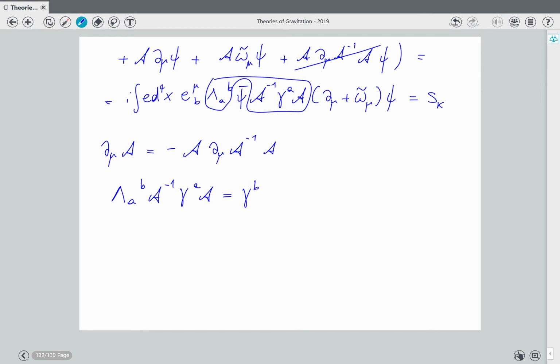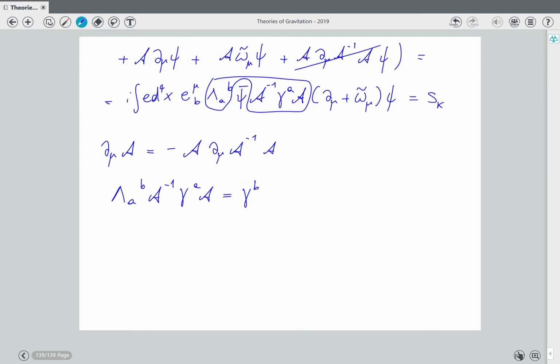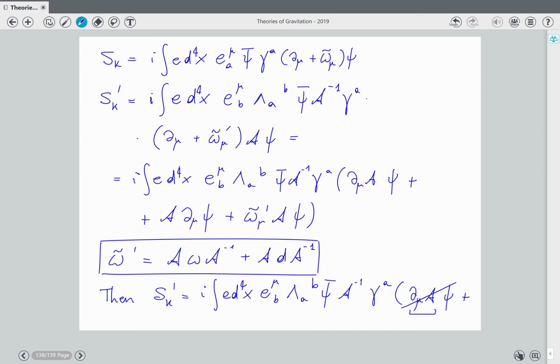So we reduced the proof of invariance to the proof we had in flat space, as long as this transformation law holds. So that should be true by itself, and it is indeed true, and we will now show it.